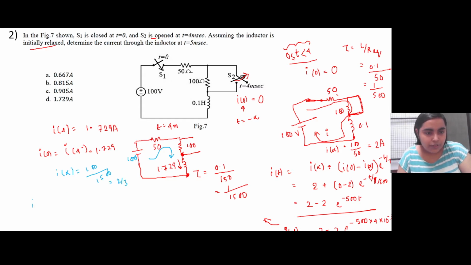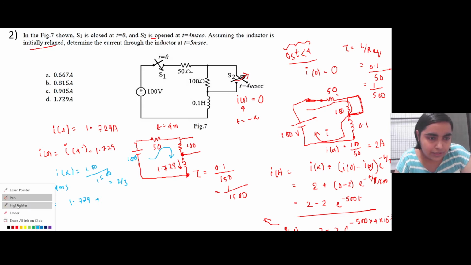So the new equation I of t after switching, that is for t greater than 4 millisecond, will be, I of 0 here is 1.729. Sorry, I infinity should be 2 by 3.